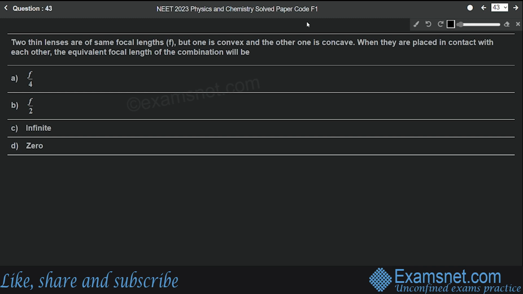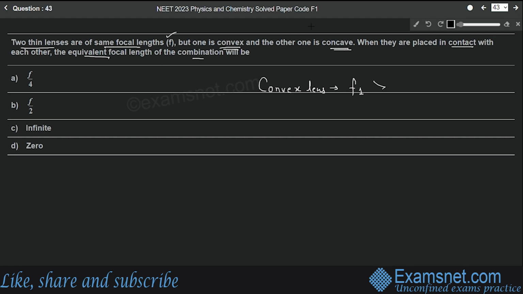Question number 43 is from the chapter Ray Optics and Optical Instruments, and the question is, two thin lenses are of same focal length f, but one is convex and the other is concave. When they are placed in contact with each other, the equivalent focal length of the combination will be. Okay. So let's say the focal length of the convex lens is f1, and we know that the focal length of a convex lens is always positive.